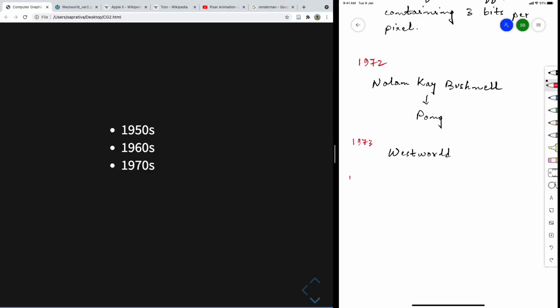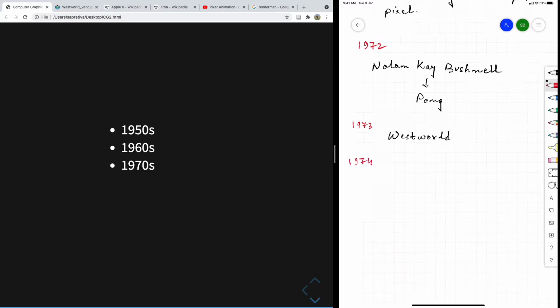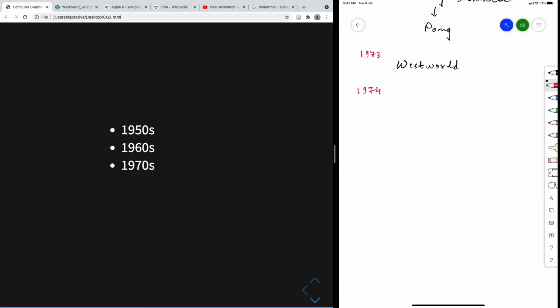Then in 1974, texture mapping and Z-buffer hidden surface algorithms were released.